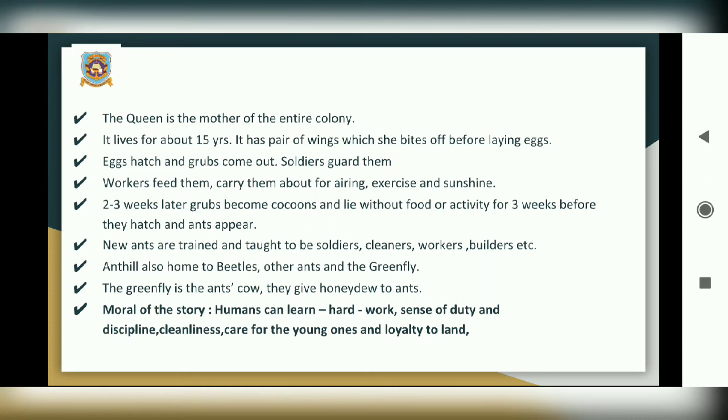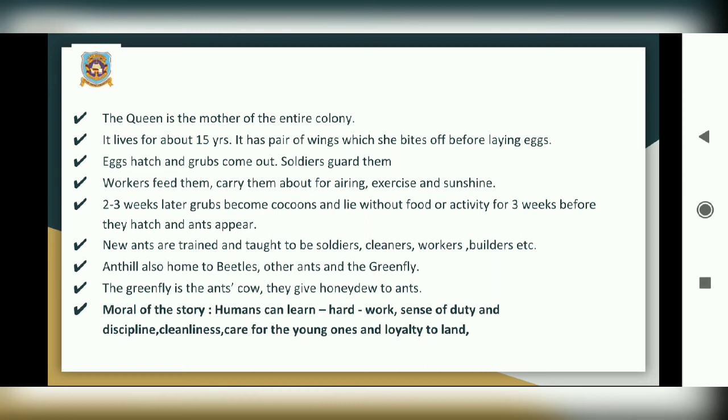Anthills also are home to beetles, some other ants, and the greenfly. Greenfly is the ants' cow. They give honeydew to ants. So this is a very interesting fact about ants. We read in the lesson that the anthill is home to some other creatures, and the ants keep the other creatures for several reasons.